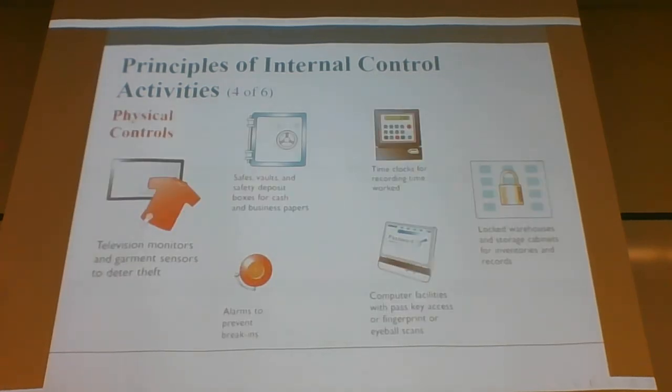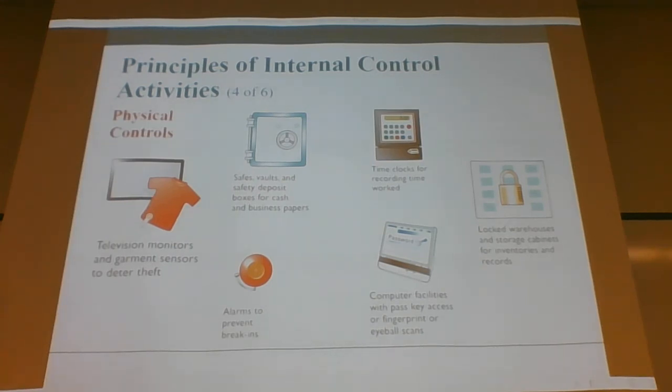All right, physical activities or physical controls. Locking your door, time clocks for recording time worked so that we know that the employee was at least there at the beginning and end of their shift. Safes for valuables, closed circuit TV, alarms, passwords, so on, locked warehouses.